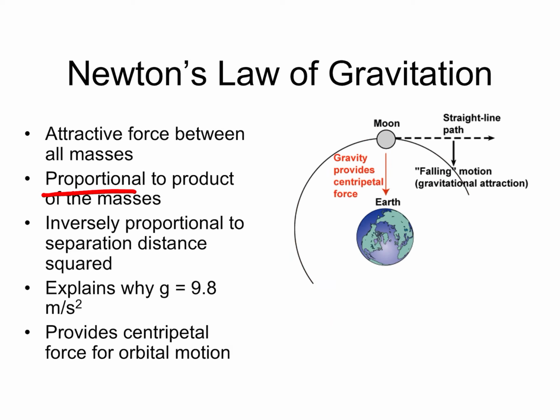Well, it's because of the proportionality of it. Earth is so big that it's going to attract overall. Okay? So it's proportional to the product of the masses, and inversely proportional to the distance.